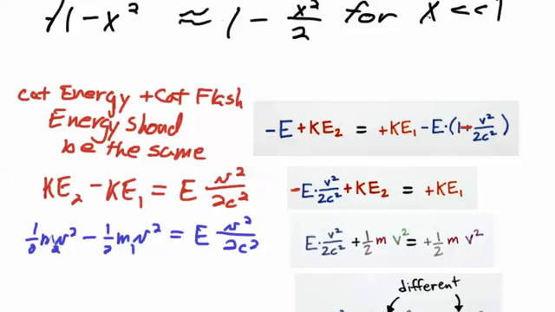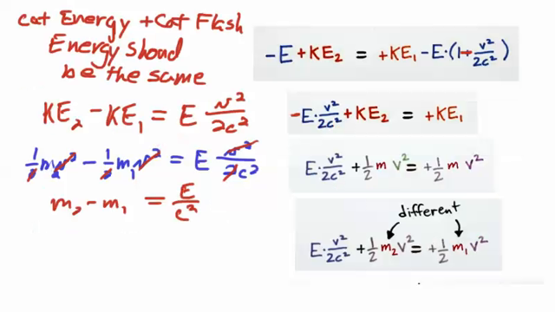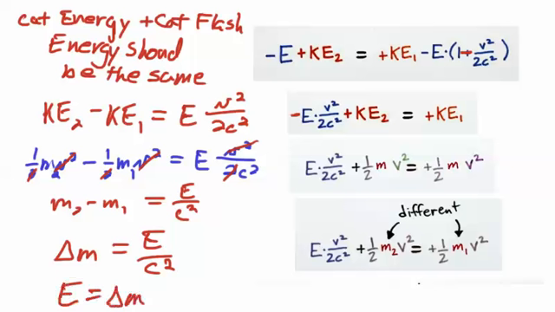Now we'll have, after we cancel out the 2's and the v squareds, m2 minus m1 equals E over c squared. That means delta m equals E over c squared, and so E equals delta m c squared.